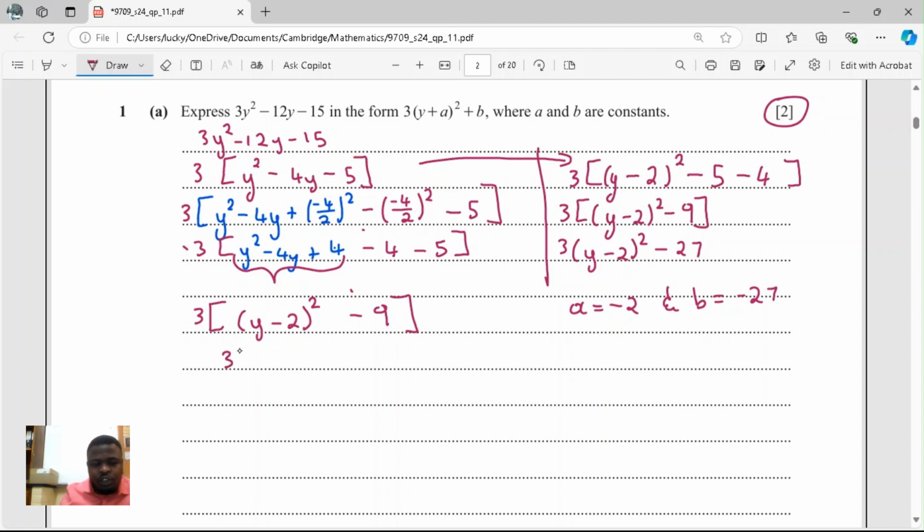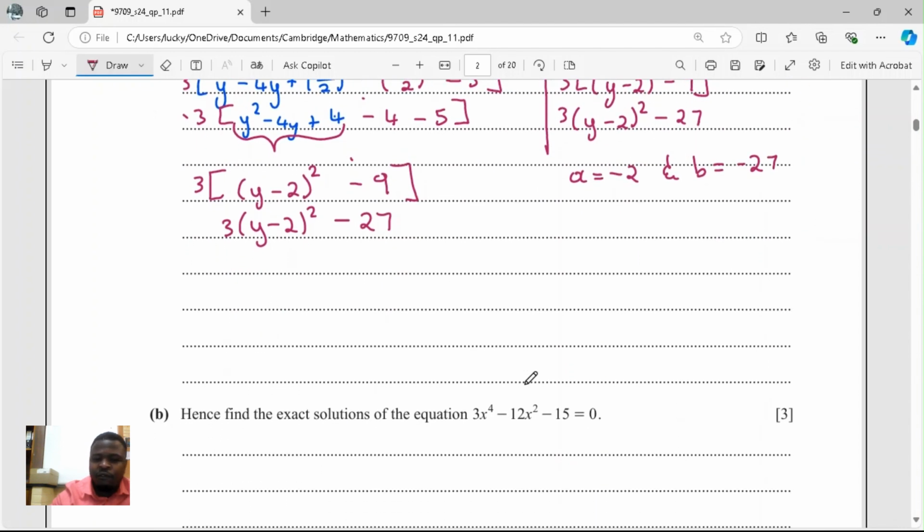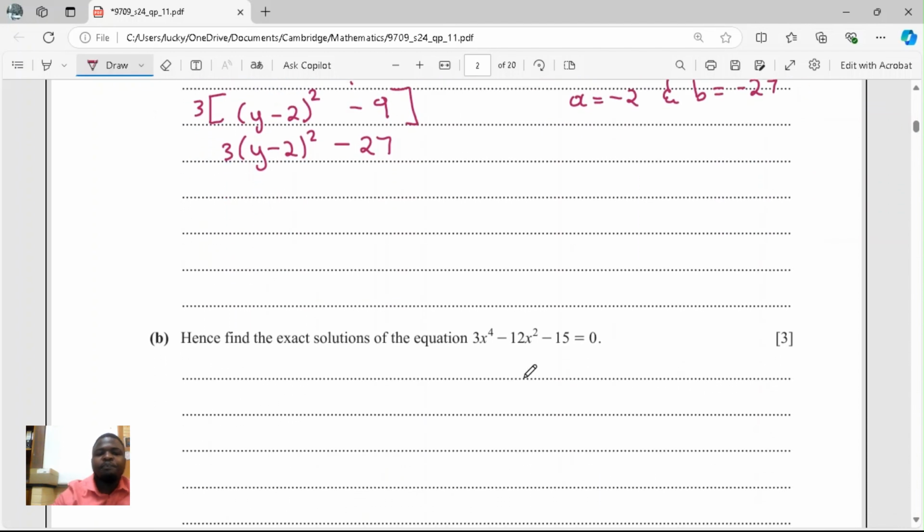So you then distribute the 3 and you get this. Same answers as before, it's just that the one on the right is a shortcut. This one is the actual approach, which is a little bit longer and tedious for many students, but tit for tat, whatever works for you, works for you. Okay, you have enough space to work with this.